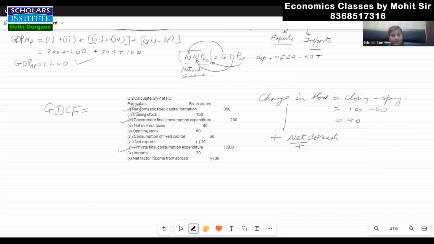What is depreciation? Consumption of fixed capital is another name for depreciation. This consumption of fixed capital is depreciation only. So you add depreciation to net domestic fixed capital formation.